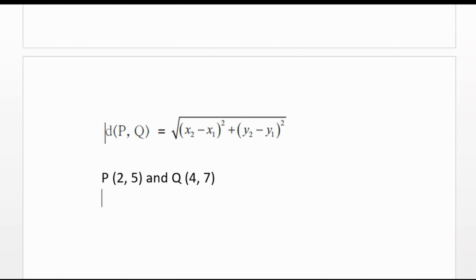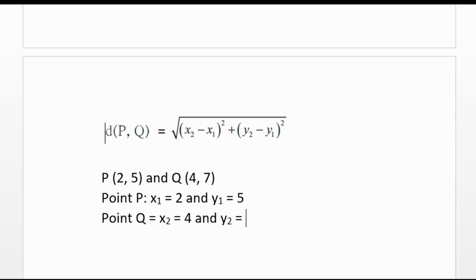To avoid any kinds of mistakes, I advise that for point P, you should write its coordinates as x1 is equal to 2 and y1 is equal to 5. And point Q is given as x2 is equal to 4 and y2 is equal to 7. Now using the distance formula, whenever you are using any formula, you should write the original formula as it is.